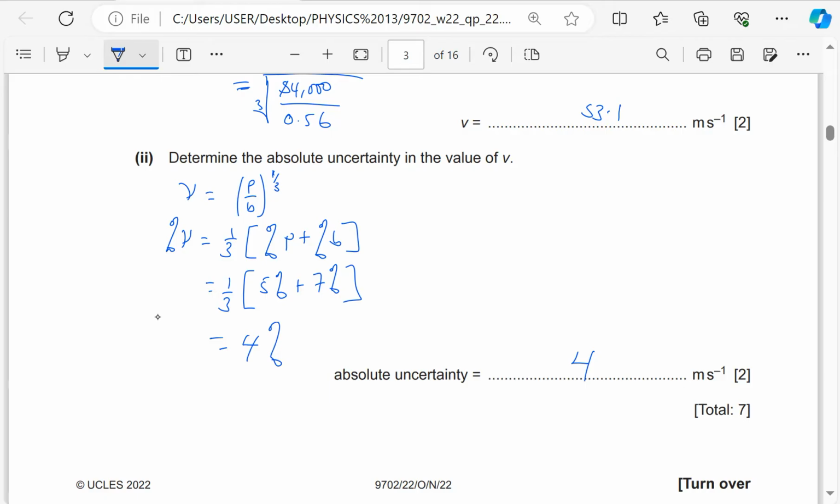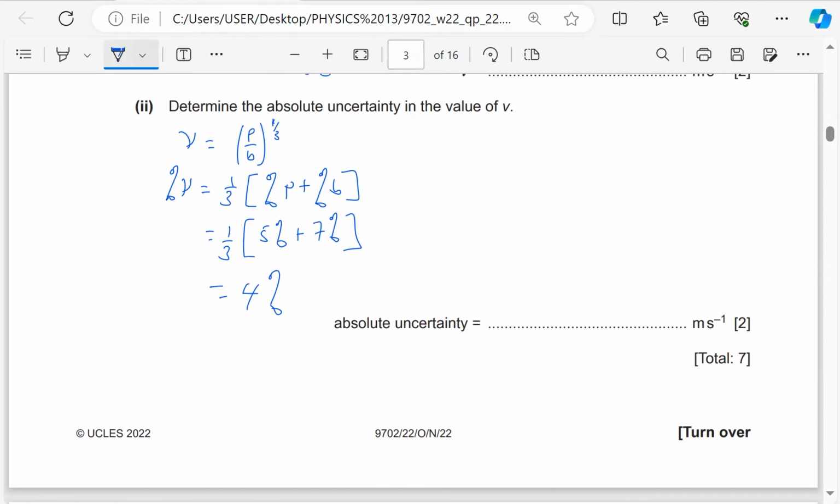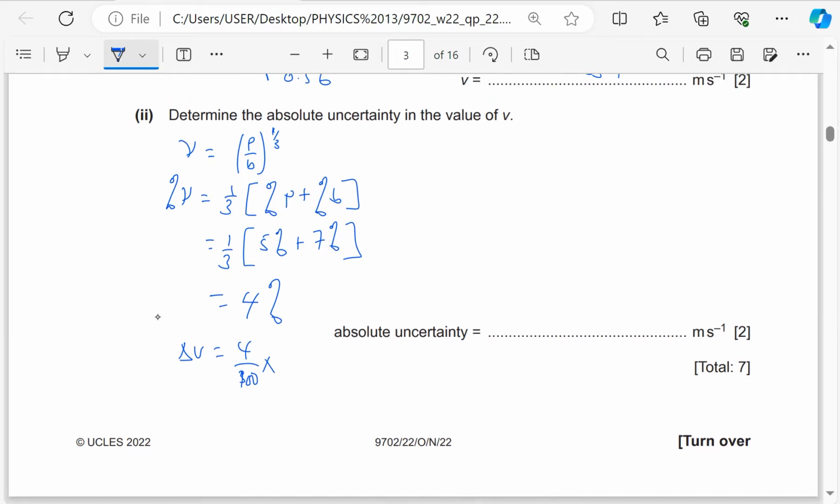The question wants the absolute uncertainty. This is percentage, okay? So this is percentage uncertainty. Let me find the absolute. The absolute uncertainty in V is going to be 4 divided by 100 times your value of V, which is 53.1.